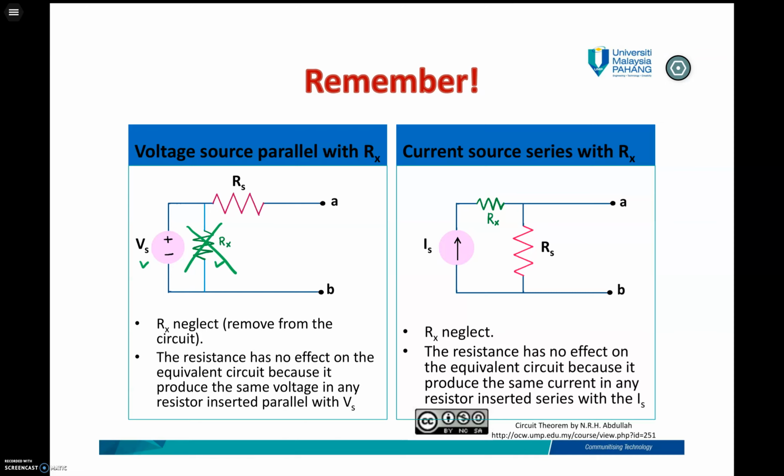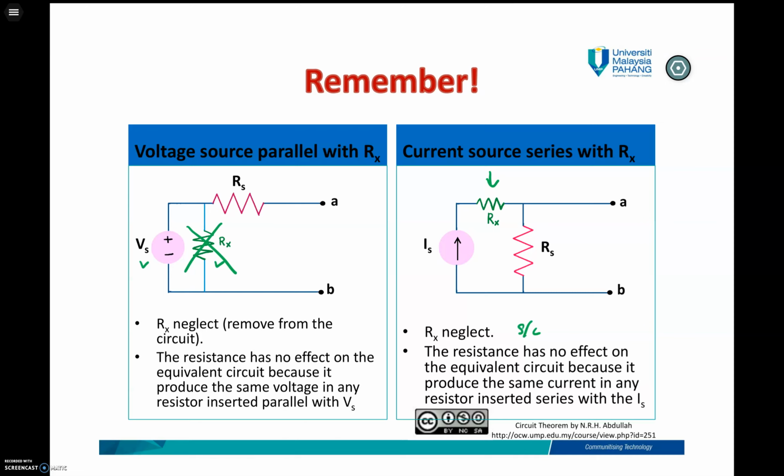And then for the current source, if the current source is in series with the Rx as shown here, you can neglect that Rx and remove it by short circuit. The resistor has no effect on the equivalent circuit because it produces the same current in any resistor inserted in series with the Is.